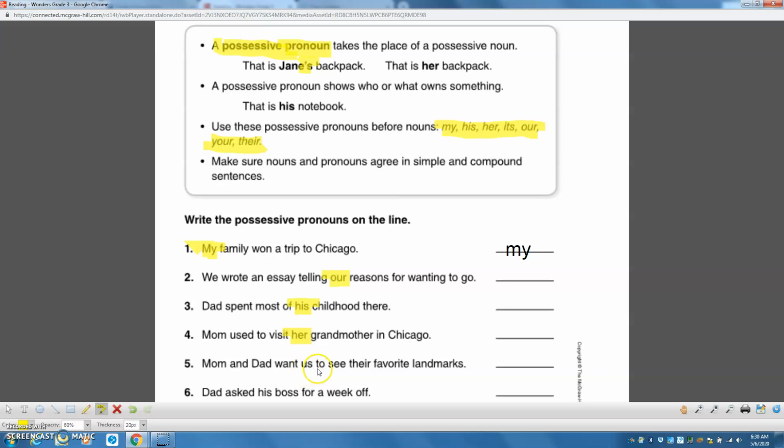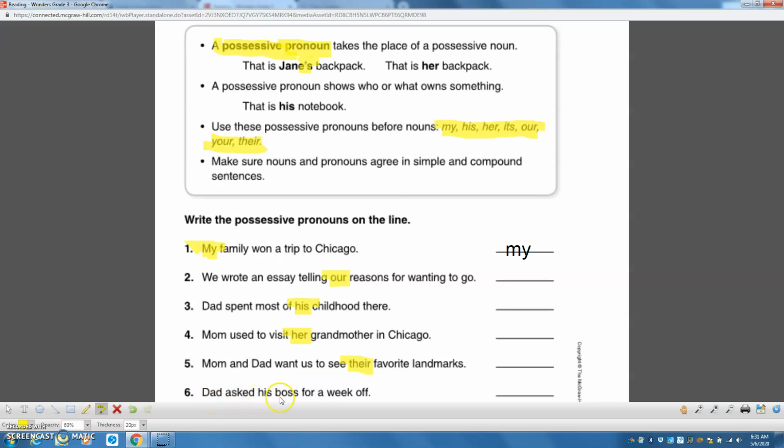So us is not the pronoun that you should have written down. Their favorite landmarks. The favorite landmarks belong to them. Their is our possessive pronoun. It shows something, a noun, belonging to them. So their is what you should have written on the line, not us.